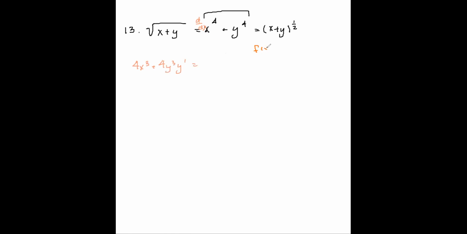So I'm going to call f of x is going to be x plus y, because y is also a function of x. And then, no, that's going to be my g. It's going to be g. So g prime is going to be x, so 1 prime. The derivative with respect to x of x is 1 plus y prime, right? So that's my g prime.